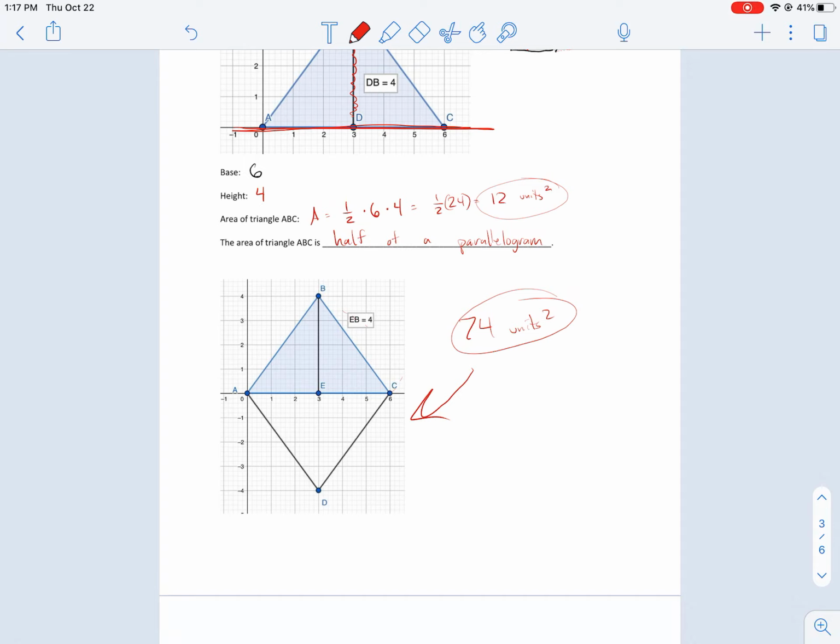All right? So these triangles are either half of a square or half of a parallelogram.